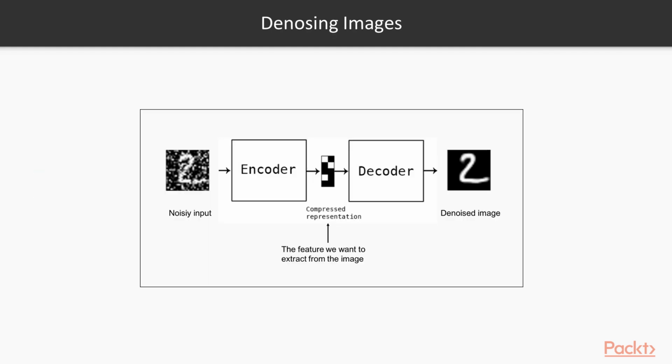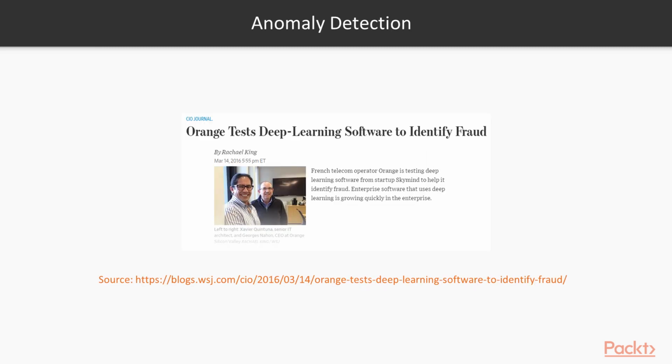We can use autoencoders to remove noise from images, and this is what we'll do exactly in the exercise of this section. We can train an autoencoder to differentiate signal from noise and efficiently try to remove the noise, giving us the signal which is the original image back. Autoencoders have been used for anomaly detection.